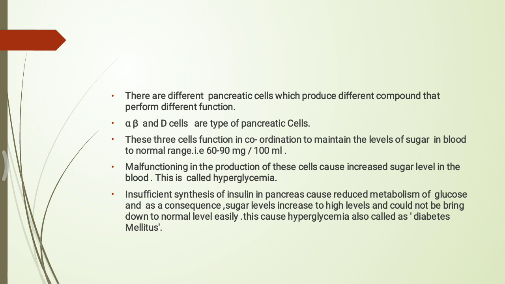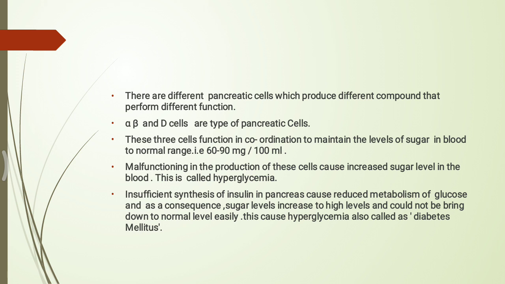The reason behind increased sugar level in the blood is insufficient synthesis of insulin in the pancreas, which causes reduced metabolism of glucose, and as a consequence the sugar level increases to a high level.